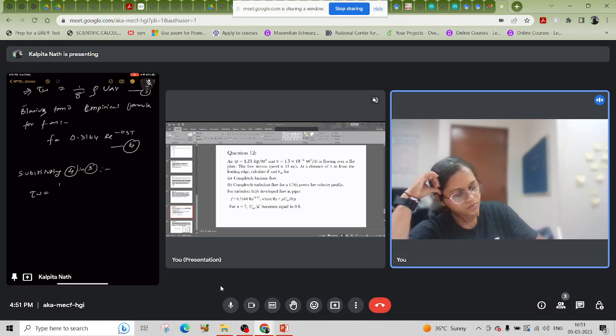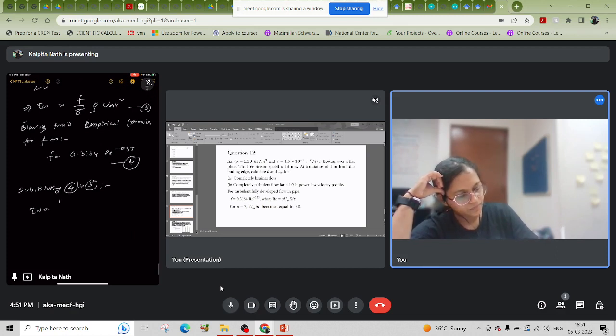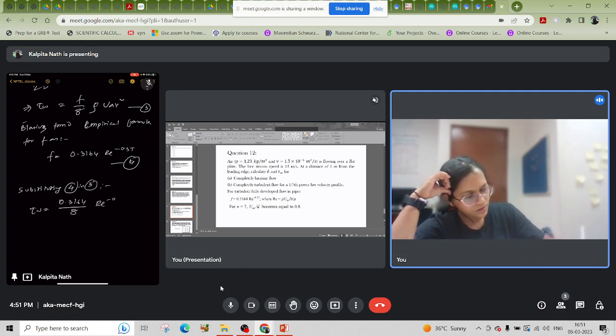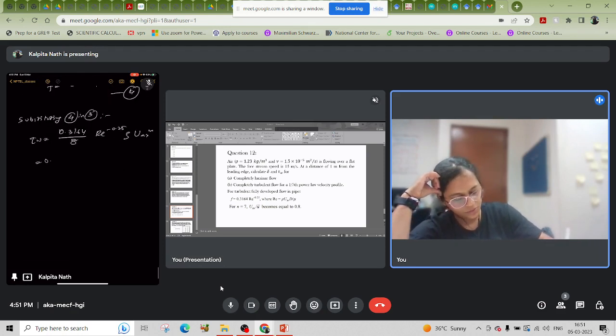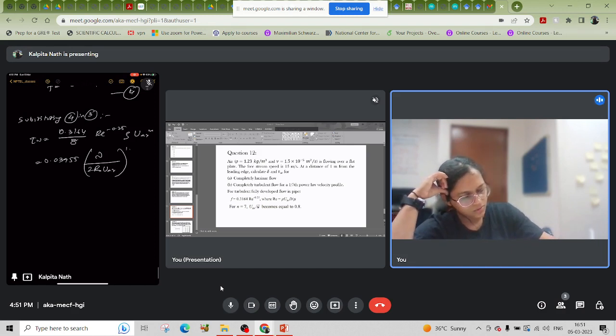Tau w is equal to 0.3164 by 8, Reynolds number to the power minus 0.25, rho U average square. So this is 0.03955 mu by rho R U average to the power 1 by 4 rho U average square.